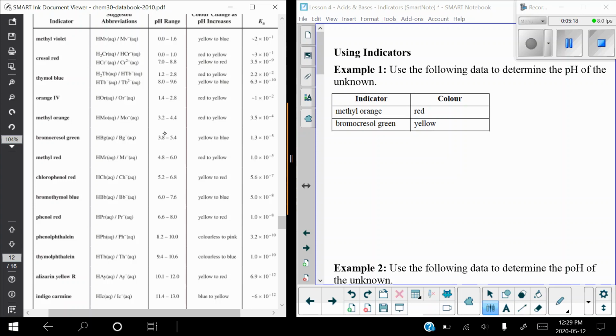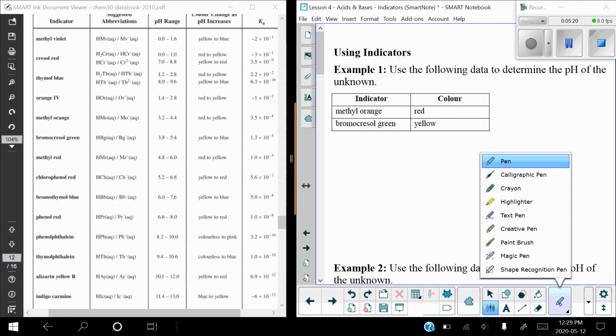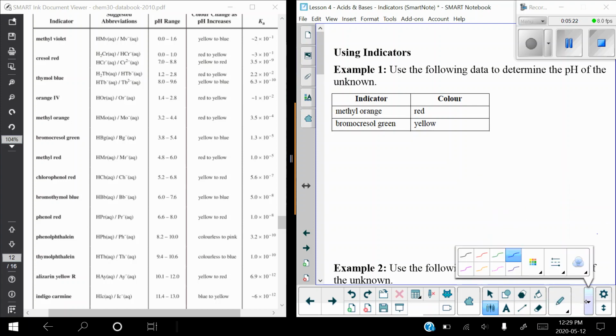If it is red, it is going to be below 3.2. So it's going to be less than 3.2. Okay, from here, I recommend that we draw a pH scale.